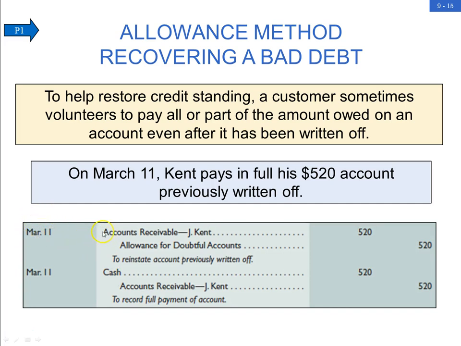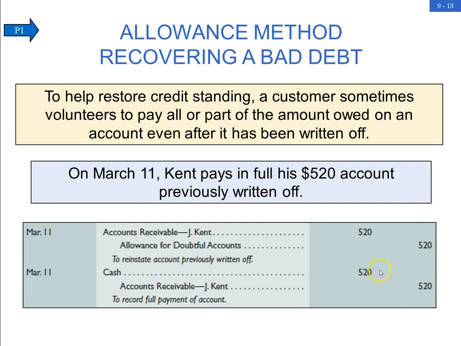We're reestablishing that he owes us $520 by debiting his accounts receivable for $520, and we're putting that $520 back in the allowance for doubtful accounts, right? We thought that of the $1,500, $520 of it was J. Kent. Turns out we were wrong, so we need to put that money back in the allowance for doubtful accounts until we know which customer is really not going to pay us.